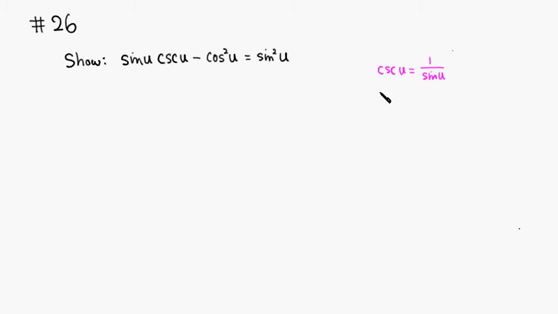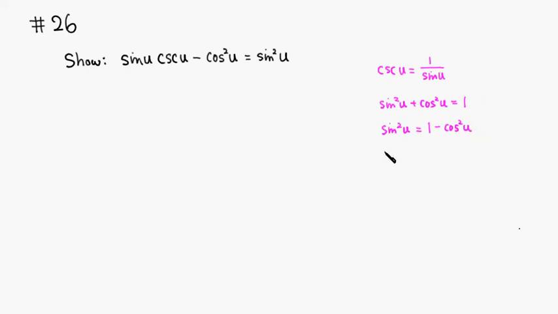Another simple identity would be sine squared of u plus cosine squared of u is equal to 1. This is actually quite useful because if you want to write sine squared, you can just subtract cosine squared from both sides, so we can convert it into an expression in terms of cosine.